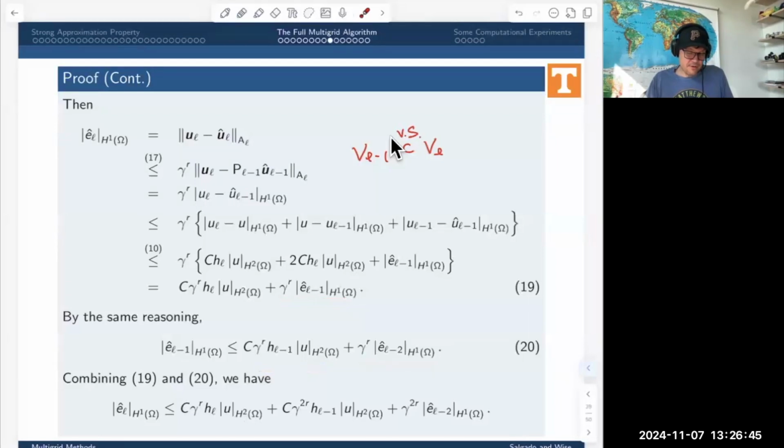So we get gamma to the 2r, H_{L-1}, and gamma 2r for this term because we have a gamma^r here. So there we go. I think you can see what's going to happen. Now we're going to apply the same sort of logic to approximate this guy and go all the way down to the basement.